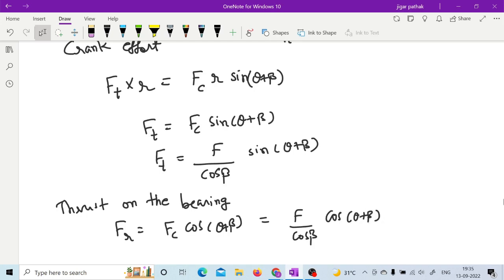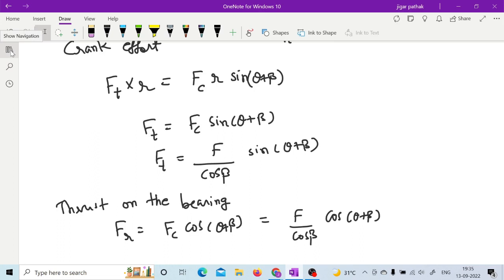So this is how you can have forces acting on your engine while it is under working condition. So this is how you can calculate thrust on the bearing with the piston effort and the angles beta and theta.